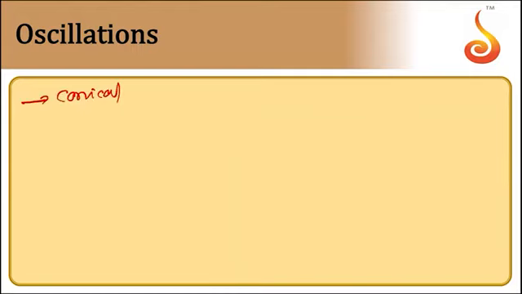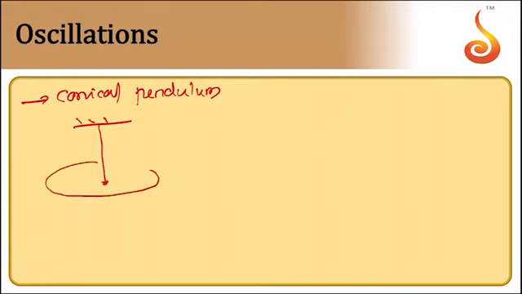Conical pendulum. Conical pendulum is nothing but a simple pendulum which starts oscillating in a circular track. For example, if it starts oscillating in a circular track like this, it becomes what is known as a conical pendulum.